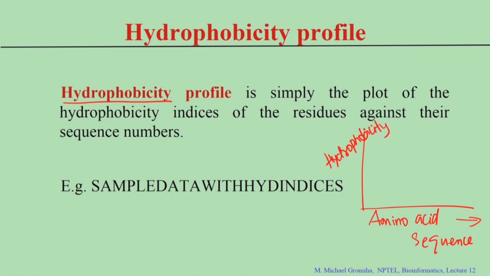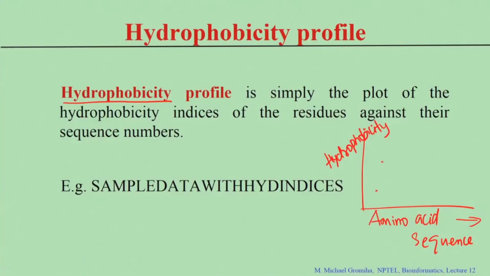Each amino acid has a value depending upon the hydrophobic character of the residue. So, depending upon the residues in the sequence, we can make a plot for each value. When you connect them, we get a plot.